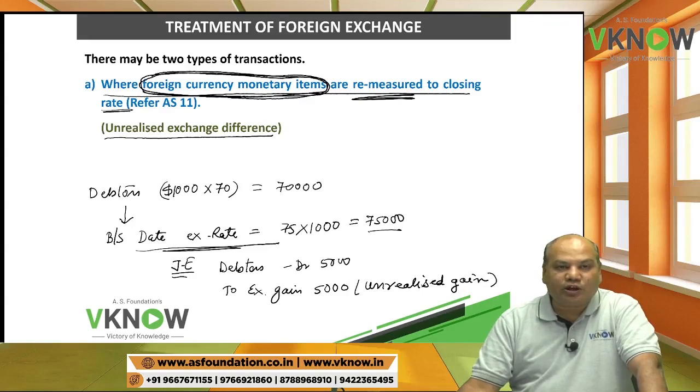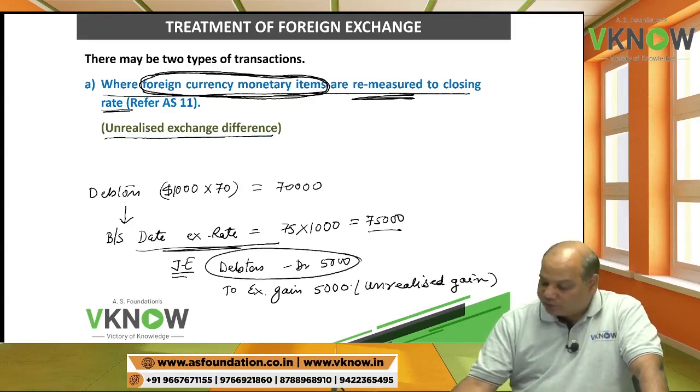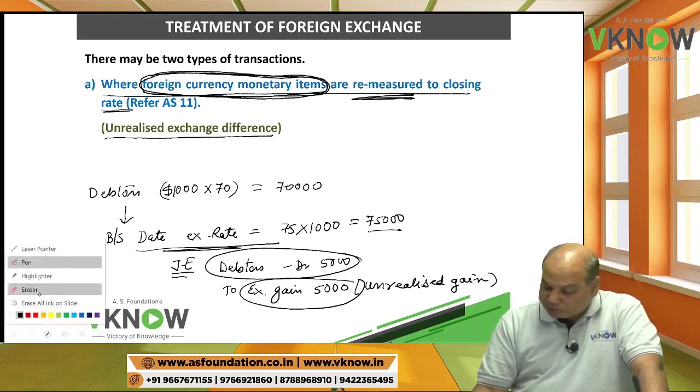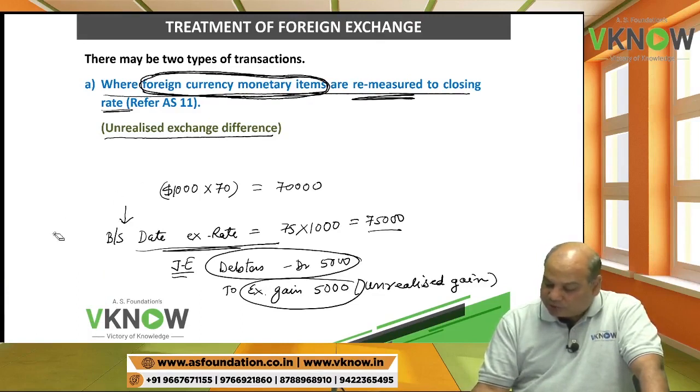Debtor is still outstanding on the balance sheet. It is only because of change in exchange rate that debtor value has increased by 5,000 and exchange gain 5,000 has appeared. Now one more example, because that example is required to understand the next question.